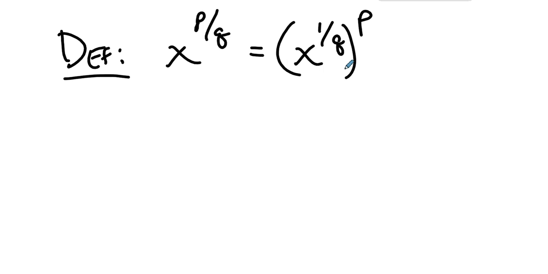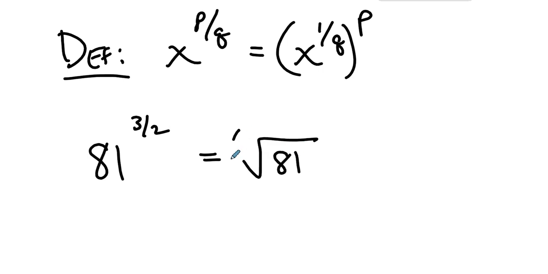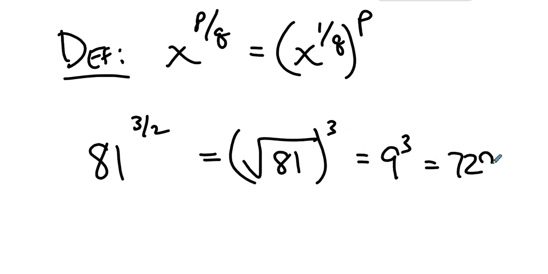So when we deal with 81 to the 3/2, that's the square root of 81 cubed, that's 9 cubed, that's 729, which is certainly between 81 to the 1 and 81 to the 2. But it's not midway between 81 to the 1 and 81 to the 2. That's not how powers work.